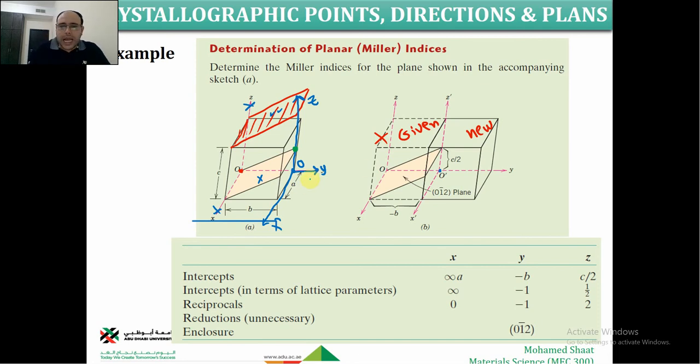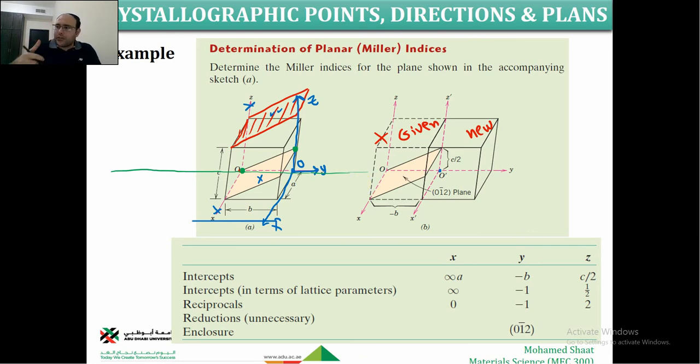Because you should understand that the y-axis is extended in the positive direction up to positive infinity, and in the negative direction up to negative infinity. The y-axis is entirely extended. So if you try to extend the y-axis, the extension of the y-axis will intersect with the plane at this point, the previous original point. But I don't care. Anyway, there is an intersection between the plane and the y-axis.